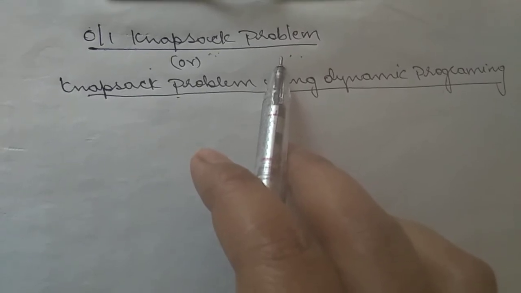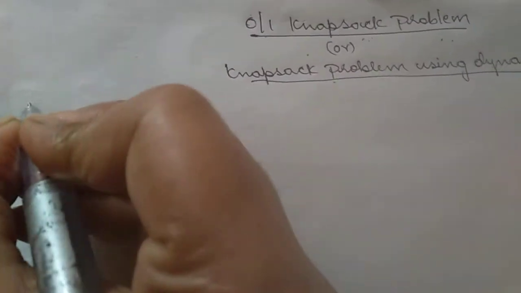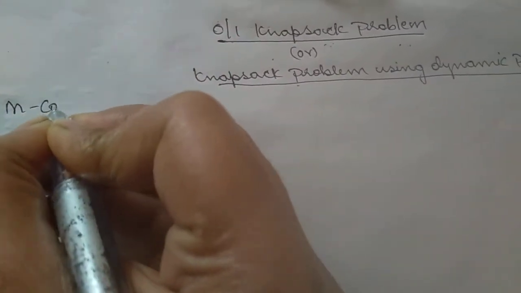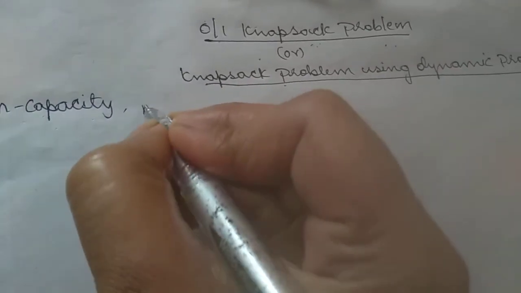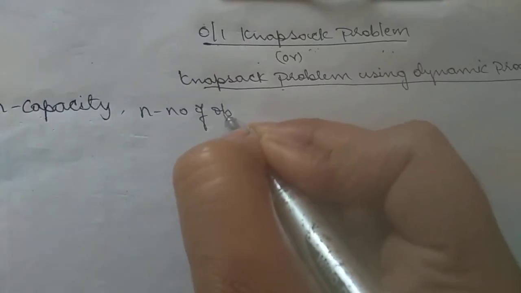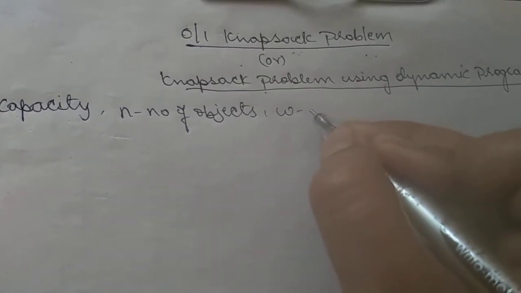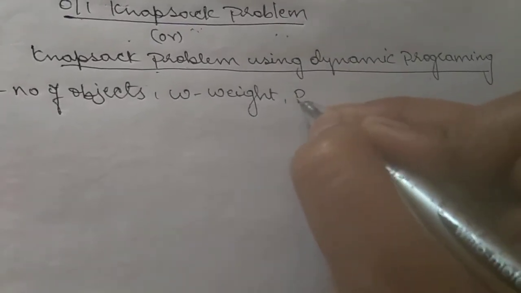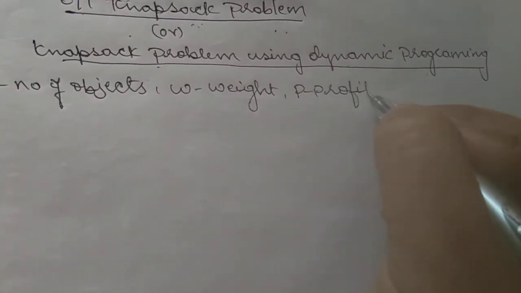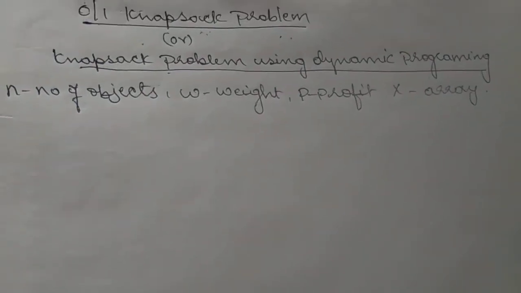So here also we'll use 5 parameters for this knapsack problem. First one is m, the capacity. n is the number of objects, and then w is the weight, and then p, that is profit, and then x, an array consisting of either 0 or 1.